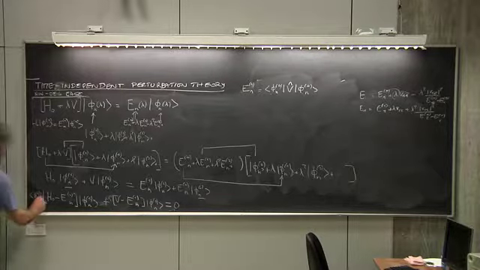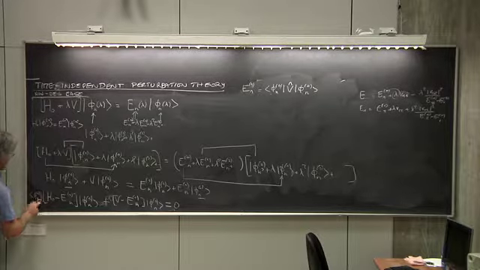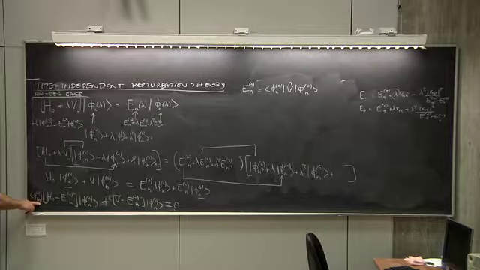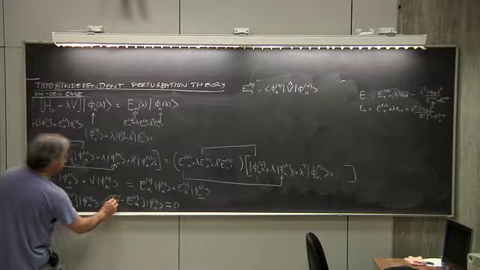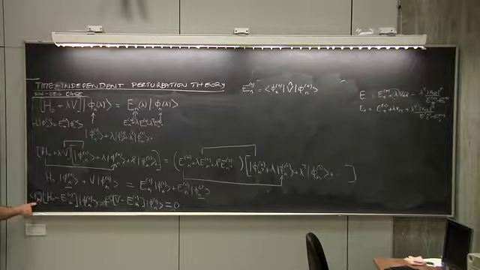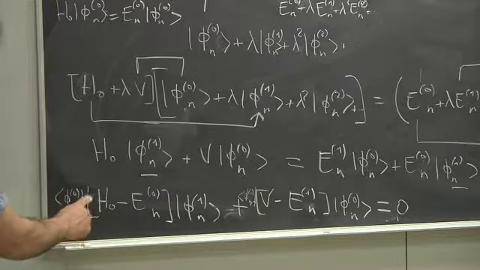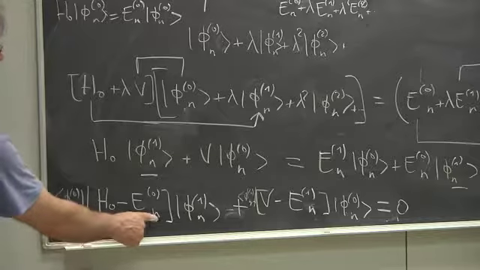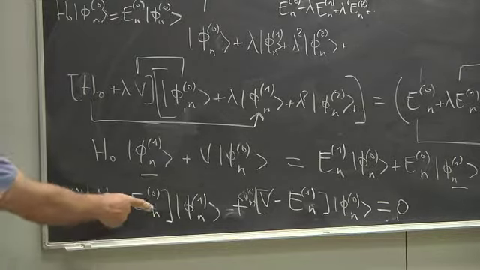suppose that I multiply by phi 0m, where m is another state. Okay? So, since this is another state, I have to put m here. This is still simple. This is equal to E0m minus E0n. Okay?